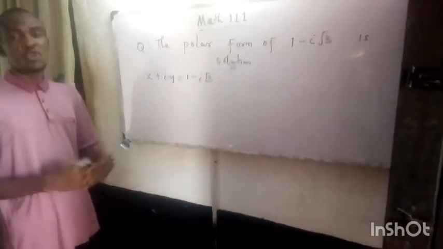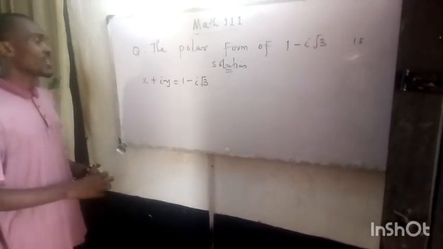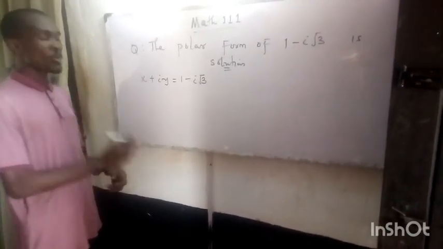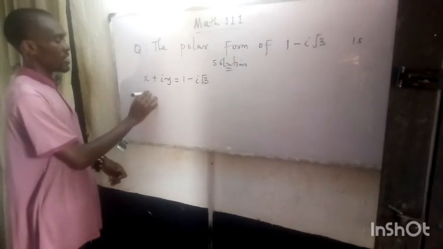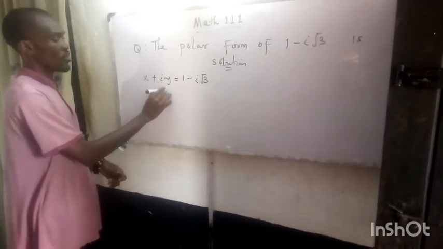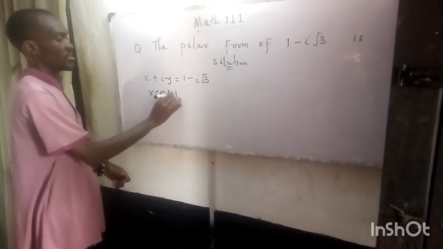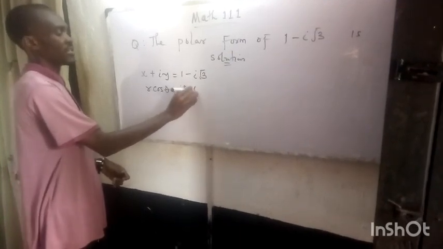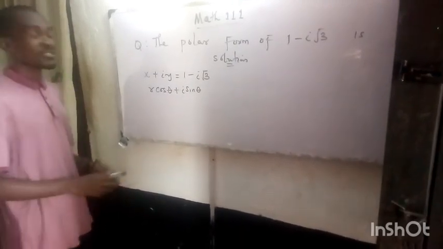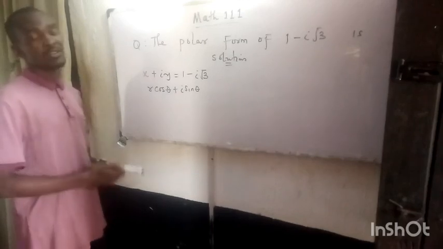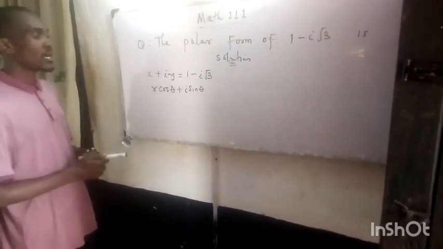So we want to see how to rewrite this form of complex number into the polar form. That simply means we want to obtain the complex number in such a way that we will have r cos theta plus i sine theta. So this is what we can call the polar form.